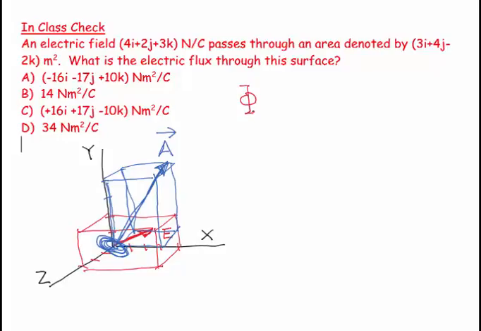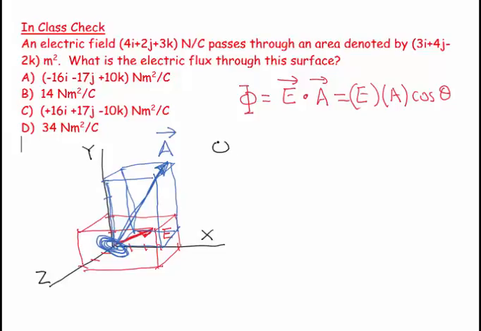So the relationship is that my flux is equal to E dot A. That's a vector and that's a vector, and I can write it out using magnitudes by saying it's the magnitude of E times the magnitude of A times the cosine of the angle between them. I'm not going to use the second part of it today.